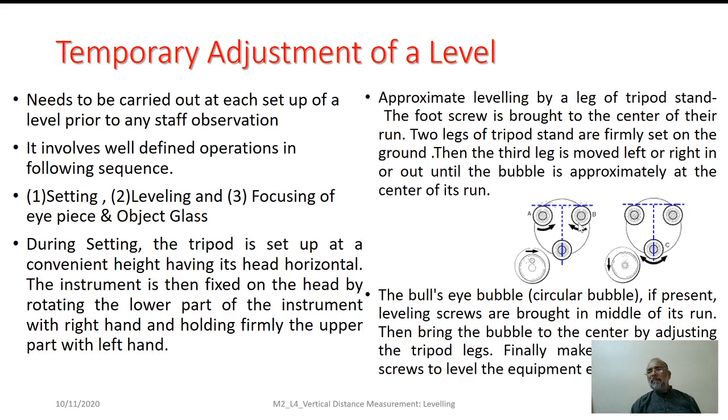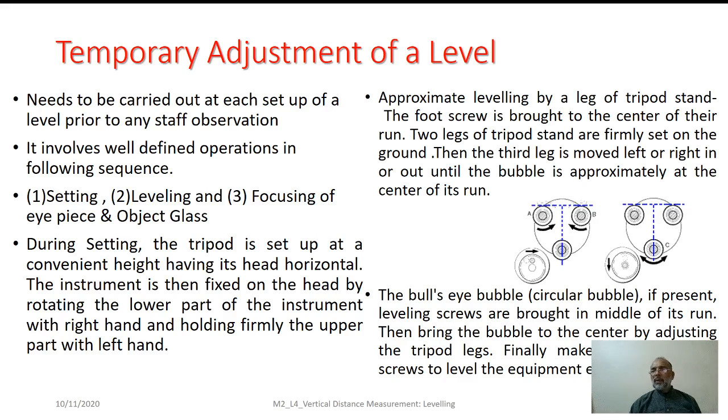Both A and B leveling screws can be moved inward or outward according to the requirement, so that the bubble will be brought in the direction of the remaining screw. Then this remaining screw can be moved inward or outward, so that the bubble comes exactly to the central ring. As we do so, we can assume that the equipment is leveled.